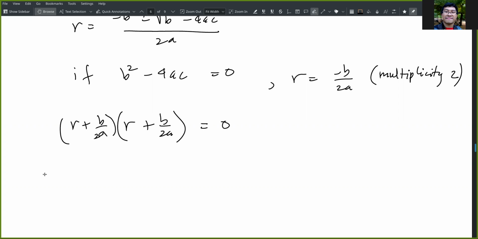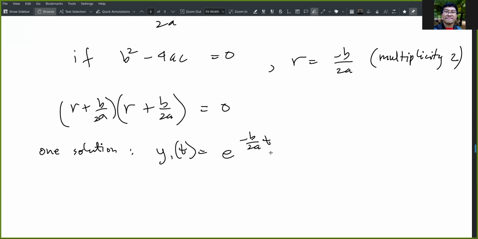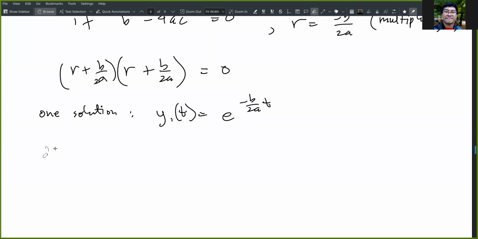Okay, so one solution is y1 equals e to the power of minus b over 2a t. Now the difficulty is, what is the second solution?